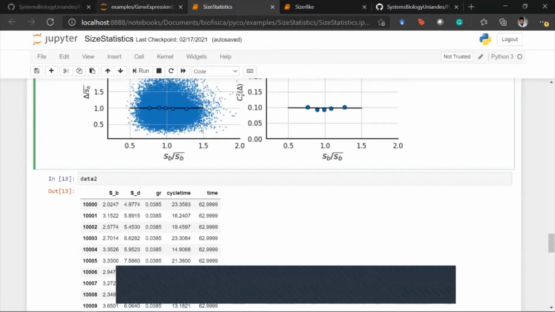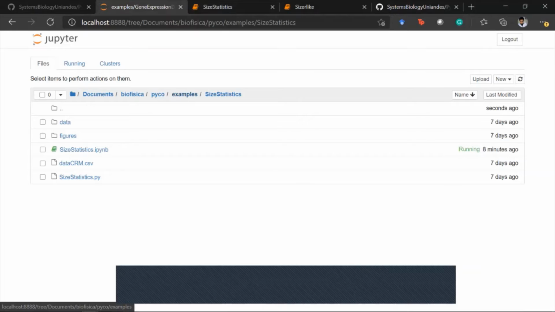If you're going to go deeper into other capabilities of the PyEcoLib library, you're going to go to other examples.